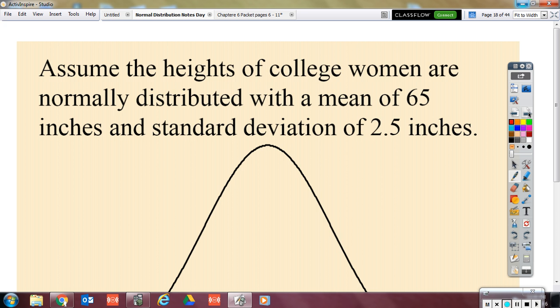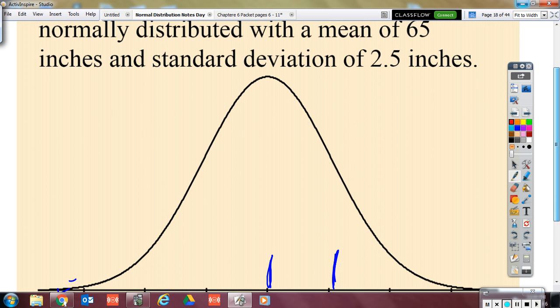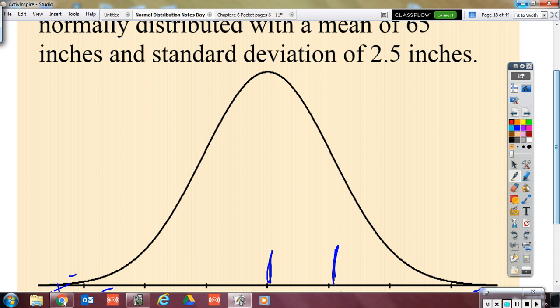Okay, so I want you to put the context on here. For example, label right here at the mean would be what? Our 65 inches. And so 1 standard deviation above would be how much? 67.5 inches, because I added a standard deviation. Okay, so label all of those values there.